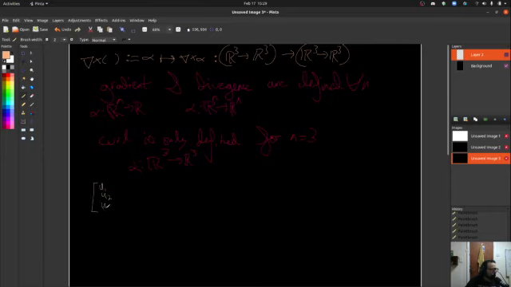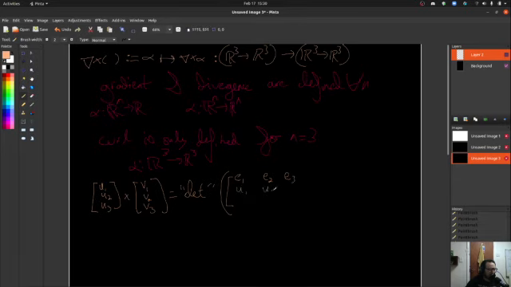So if I have U1, U2, U3 cross V1, V2, V3, this equals the symbolic determinant of E1, E2, E3, U1, U2, U3, V1, V2, V3, where E1 through E3 are the standard basis vectors.